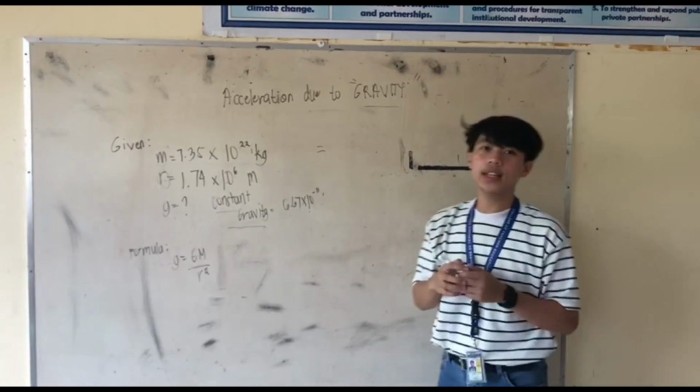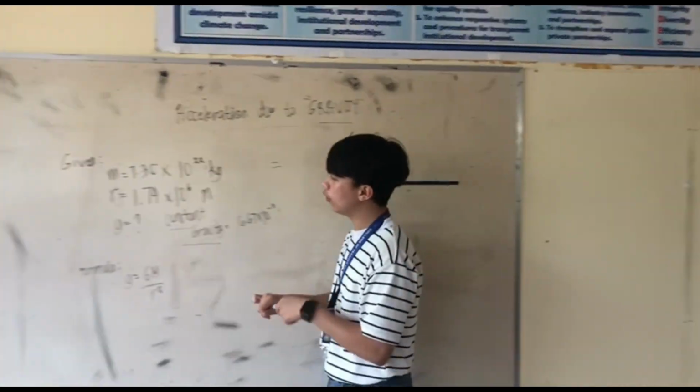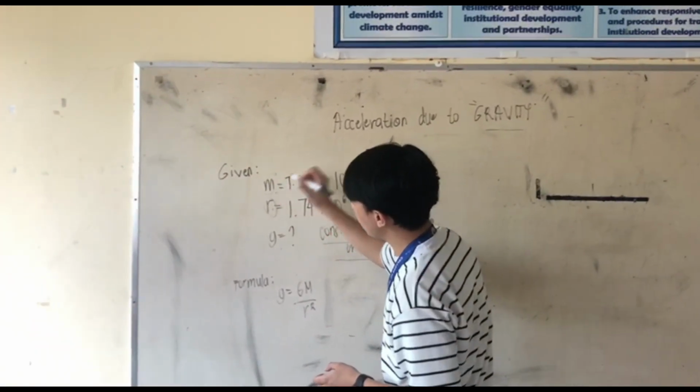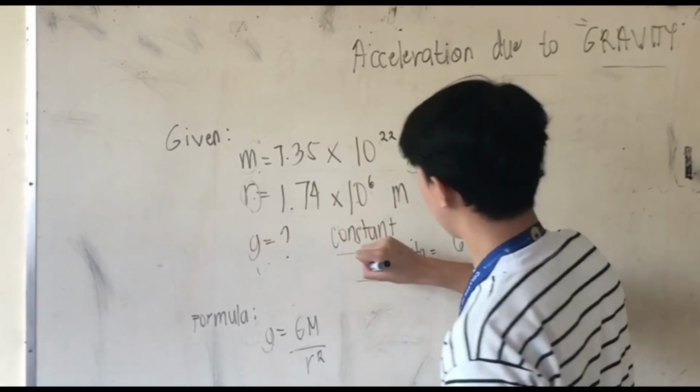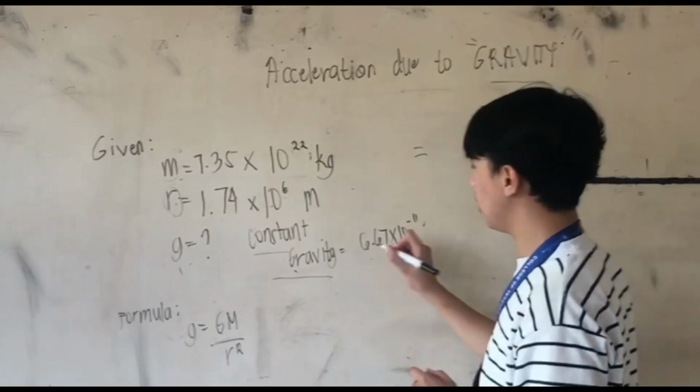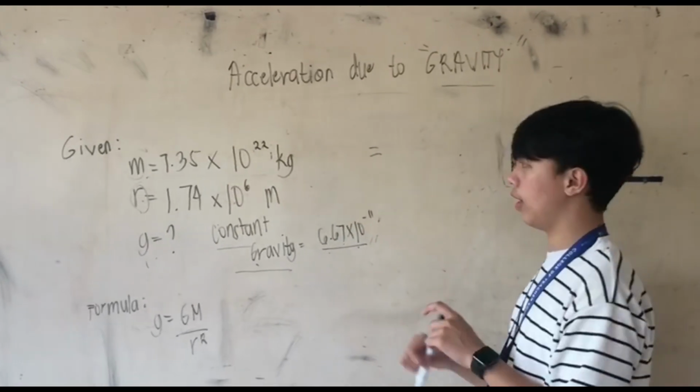So, in solving the acceleration due to gravity, we need the factors which involve the mass of the object, the radius, and the constant gravity, which measures 6.67 times 10 raised to negative 11.